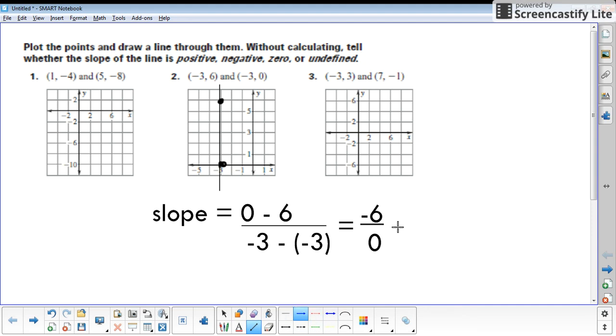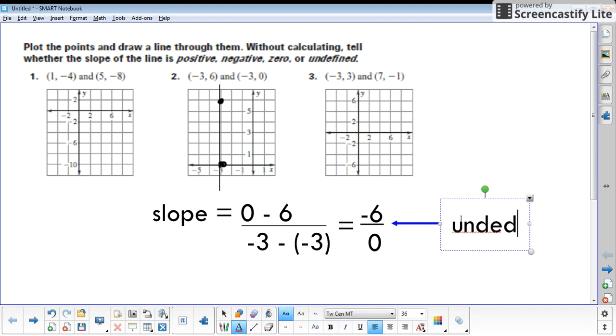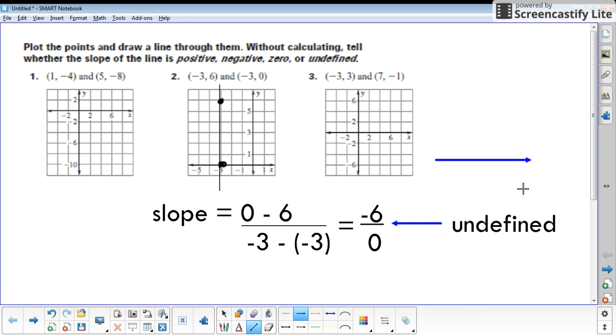So when you see this, what you're going to answer is the option of undefined. A slope of 0, like we talked about today, happens when there's no change in the y value. Here, in this case, it's undefined.